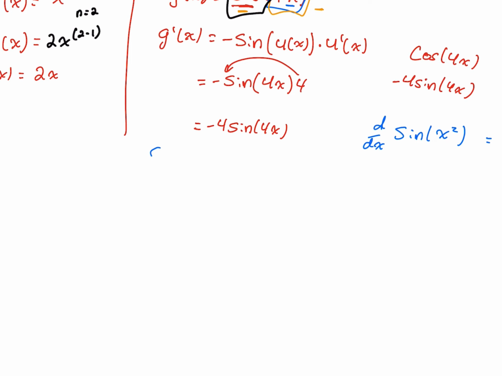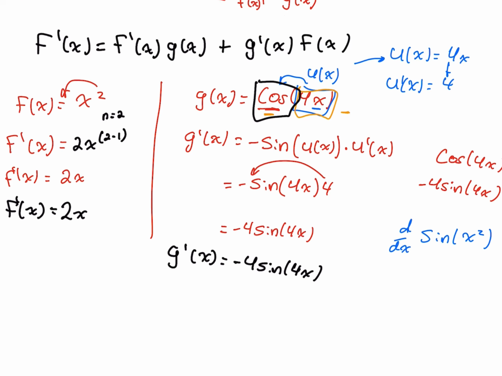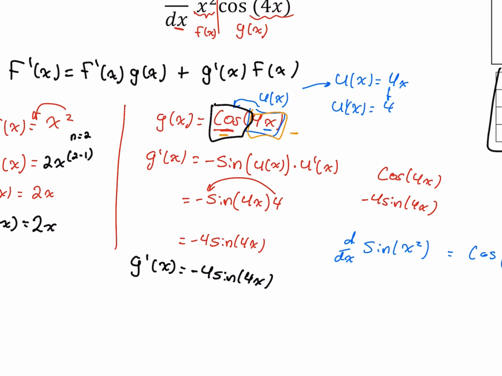So we know that g prime of x equals negative 4 sine of 4x. And over here, f prime of x equals 2x. There we go. So let's go back to our original function for the product rule.